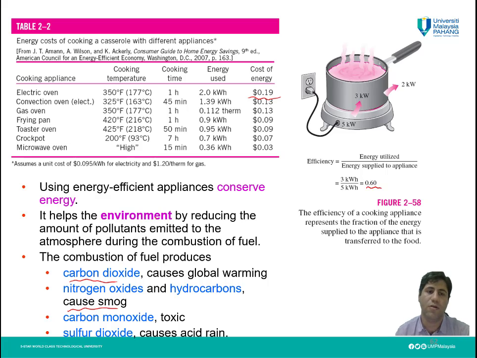And as you may know, the main source of energy in many countries, as we had in the slide before, is from fossil fuels. It's from combustion of gas and combustion of coal. All of them produce these gases.